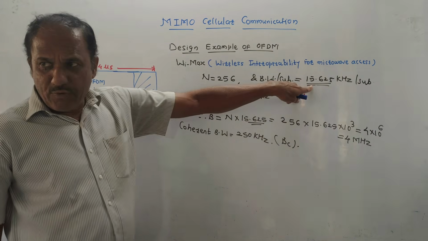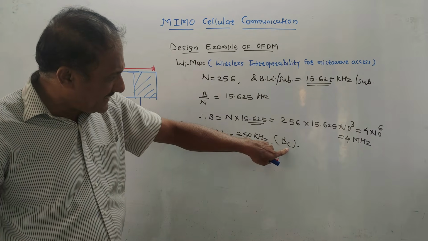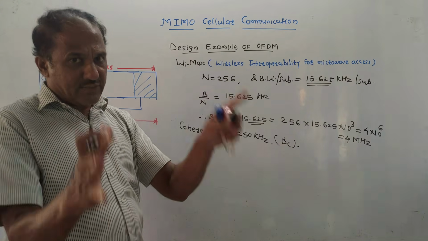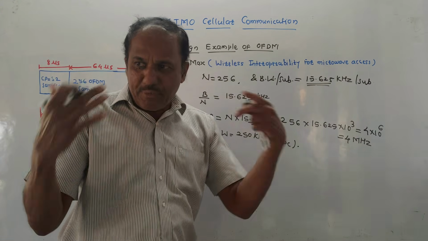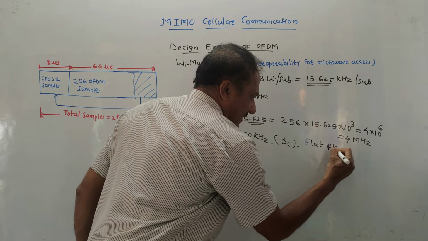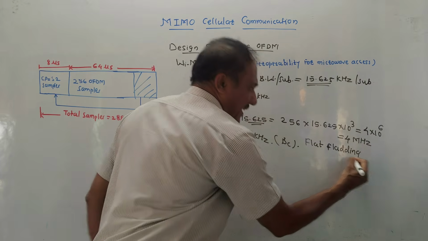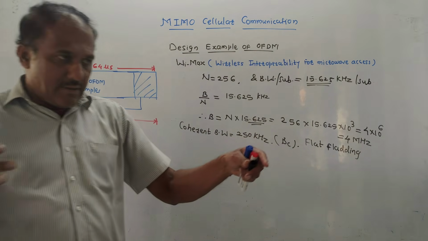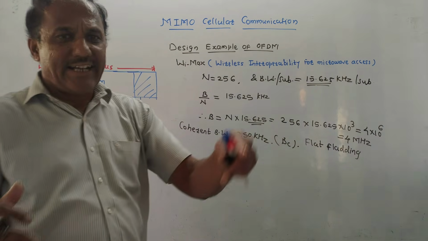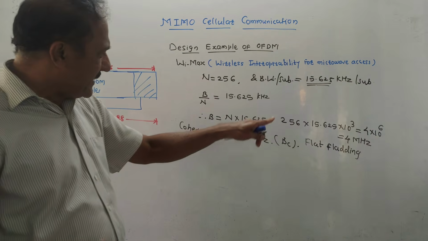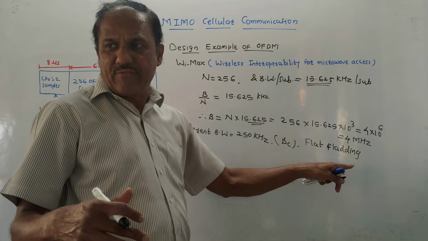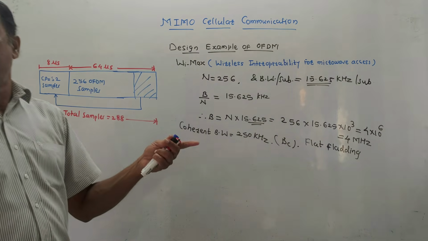That means every subscriber can experience flat fading. We know that fading is the effect where different signals are traveling through different branches and getting attenuated. So since the bandwidth is less compared to the coherence bandwidth, you will get flat fading.